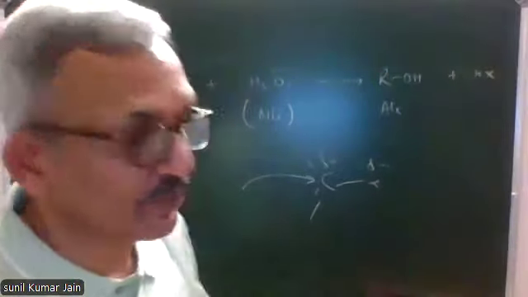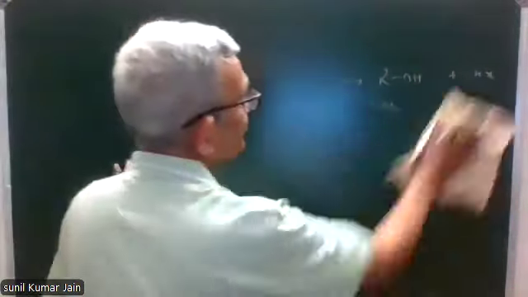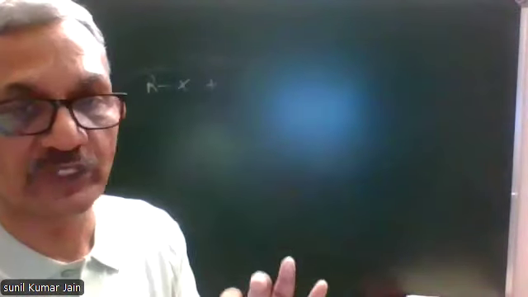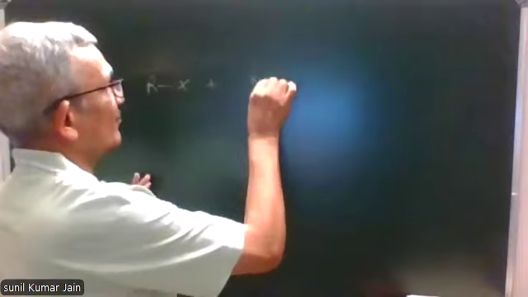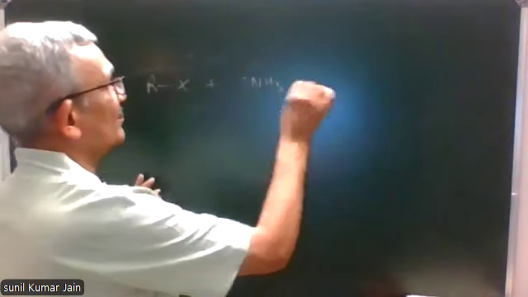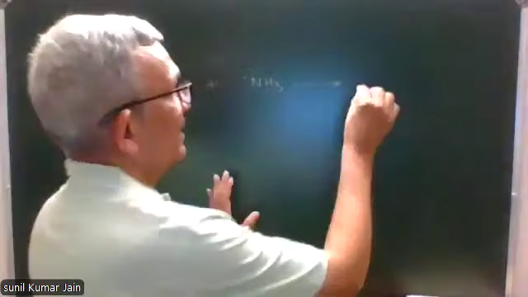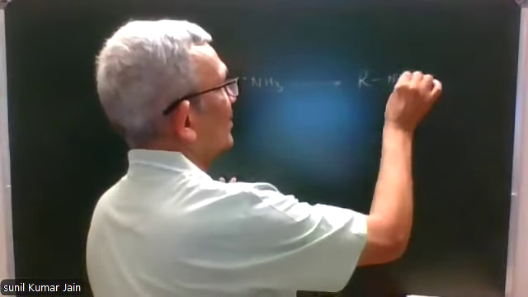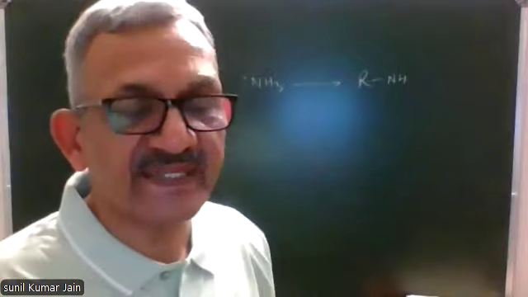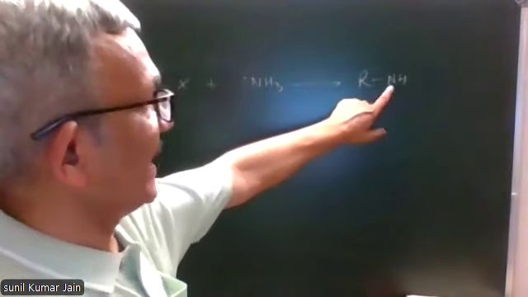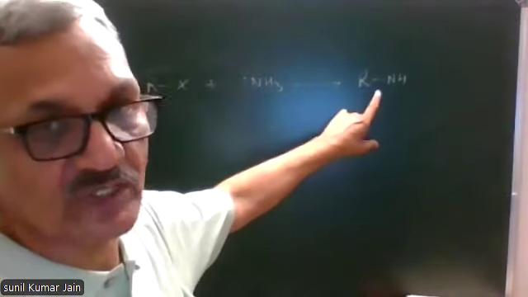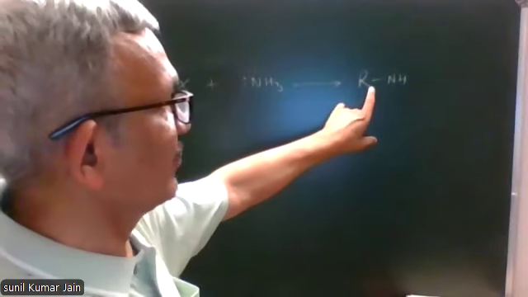Now coming to reaction number 4. Fourth is reaction with ammonia. Ammonia will act as a neutral nucleophile. When it acts as a neutral nucleophile, nitrogen will form a bond because nitrogen carries a lone pair of electrons.